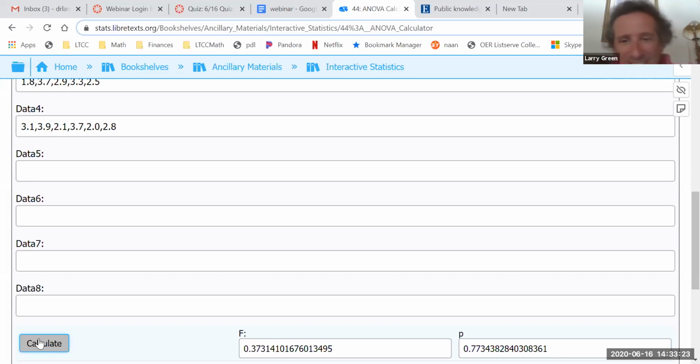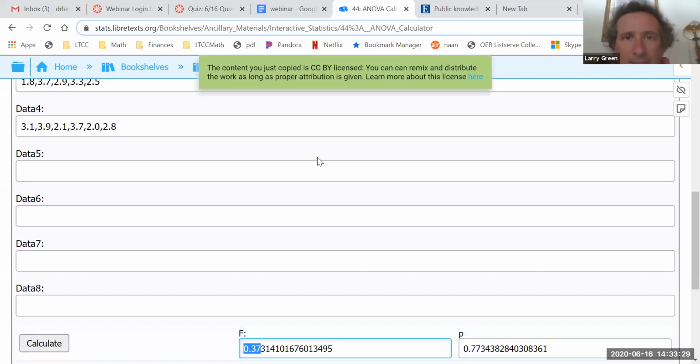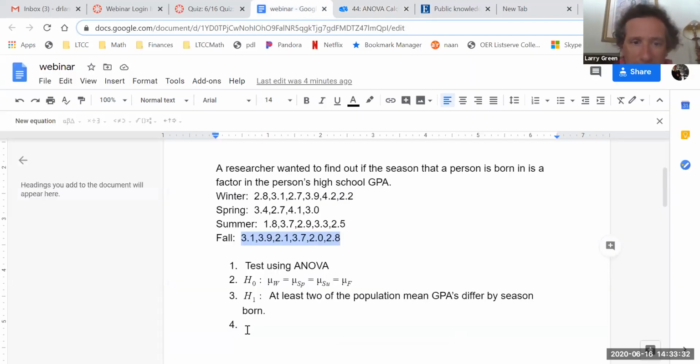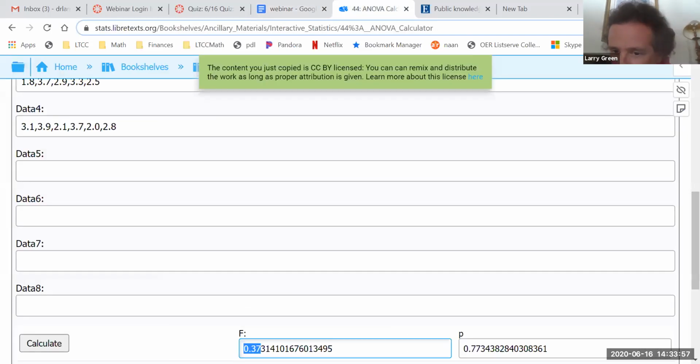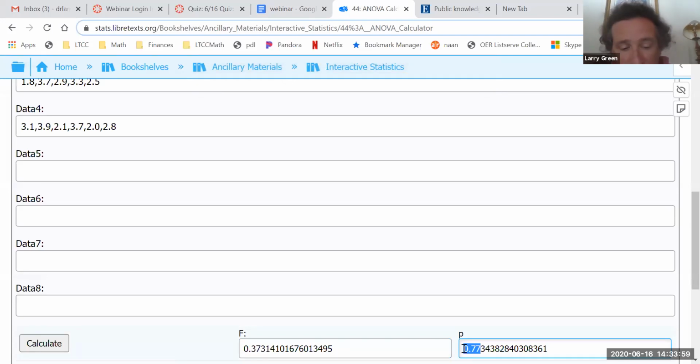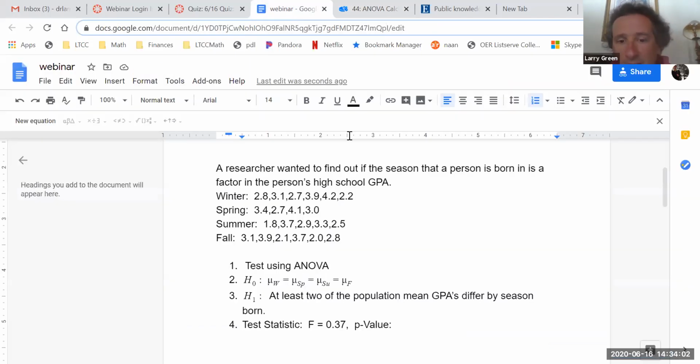Okay, and we have our test statistic, which is F. So let's just write test statistic. F is equal to 0.37. Then we have our p-value. I think 2 decimals are good enough for being able to make conclusions here.